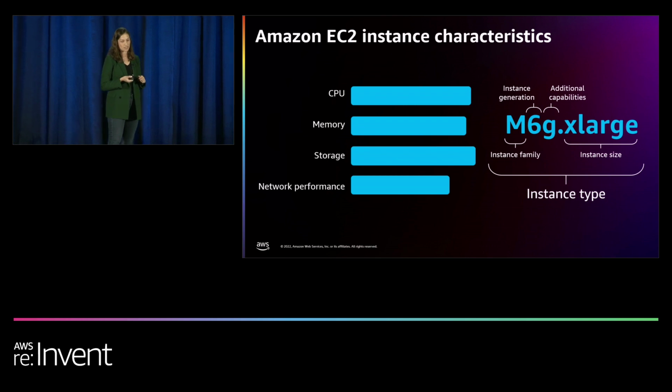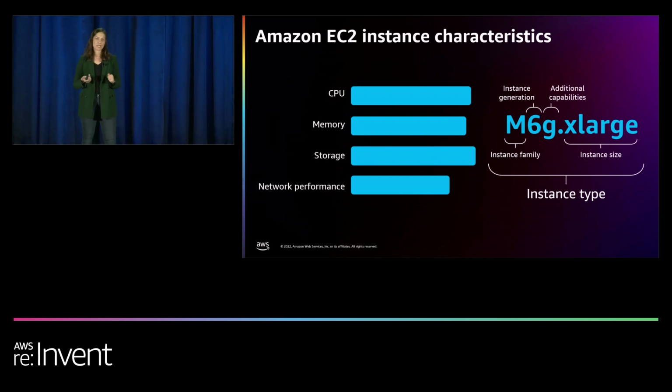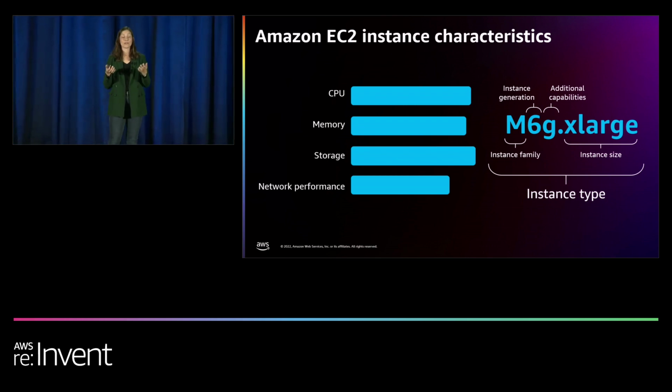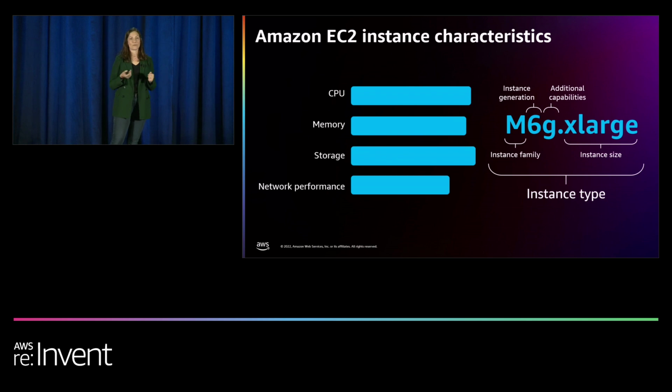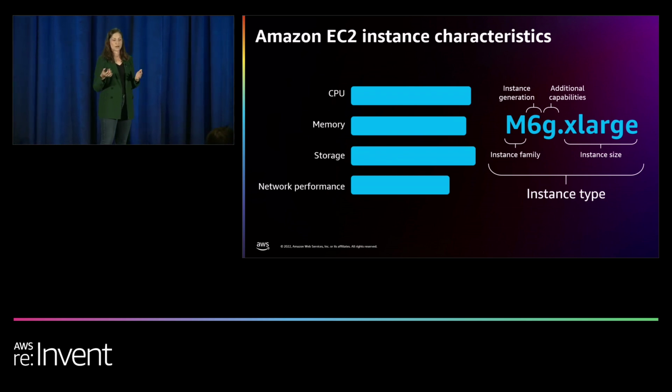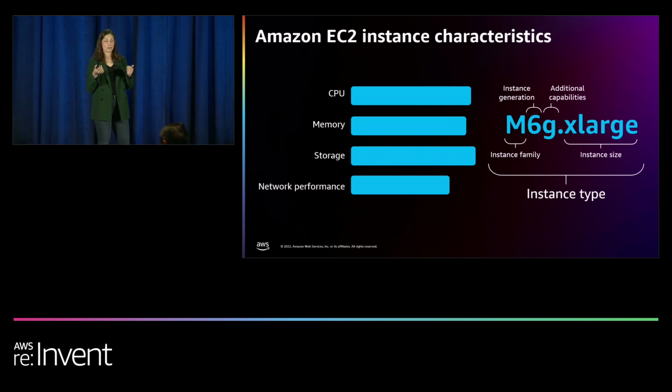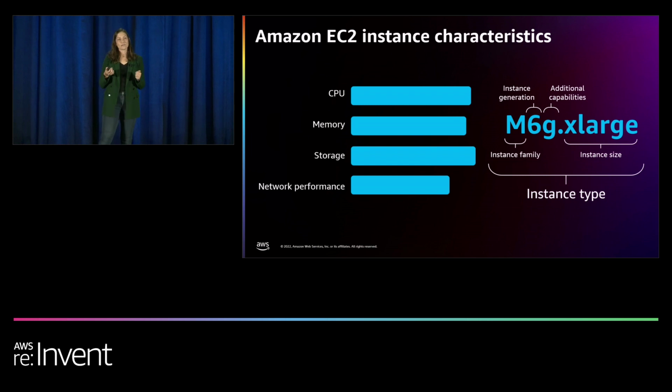So let's take an example and understand what it means to be flexible on the resources that you're willing to work with. Let's say, for example, that you need 32 gigs of RAM for your application. The obvious choice would be to go for an R6i, the memory-optimized instance family, in the size of xlarge.